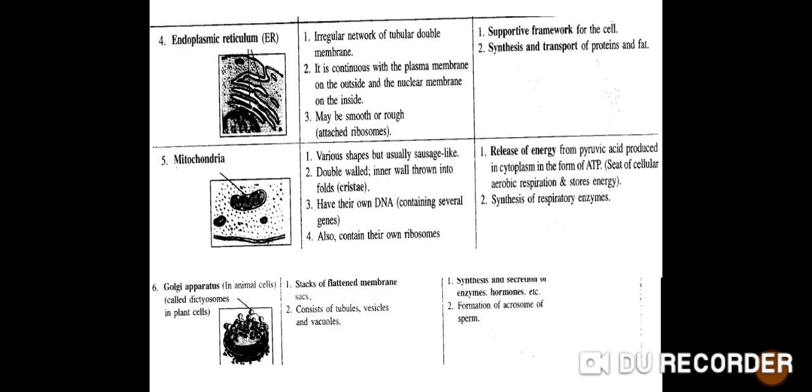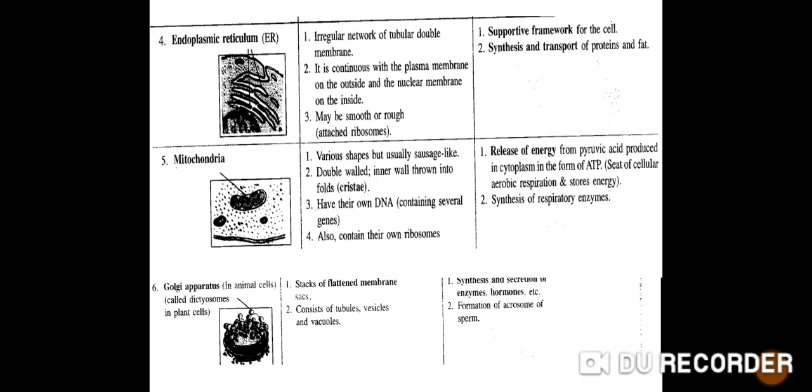Next is the endoplasmic reticulum. This endoplasmic reticulum is called the skeleton of a cell, which is an irregular network of tubular double membranes.